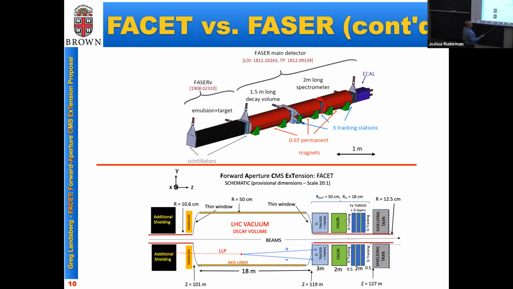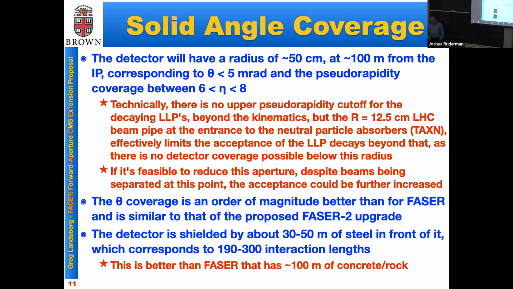This is FACET, which you just saw, which uses all the fancy technology from the CMS upgrade. The detector will have a radius of about 50 centimeters, and at 100 meters from the interaction point, this corresponds to an angle of less than about 5 millirad, and pseudo-rapidity coverage between 6 and 8.